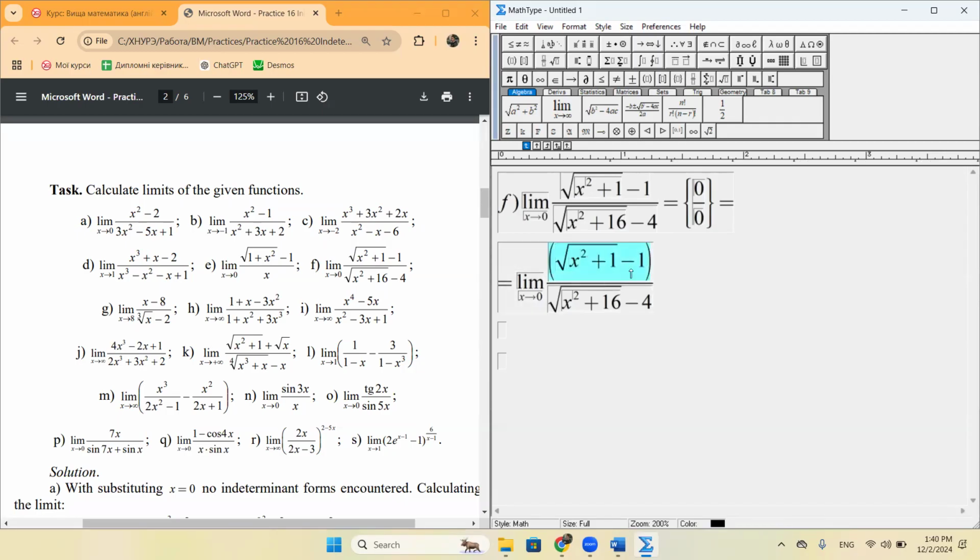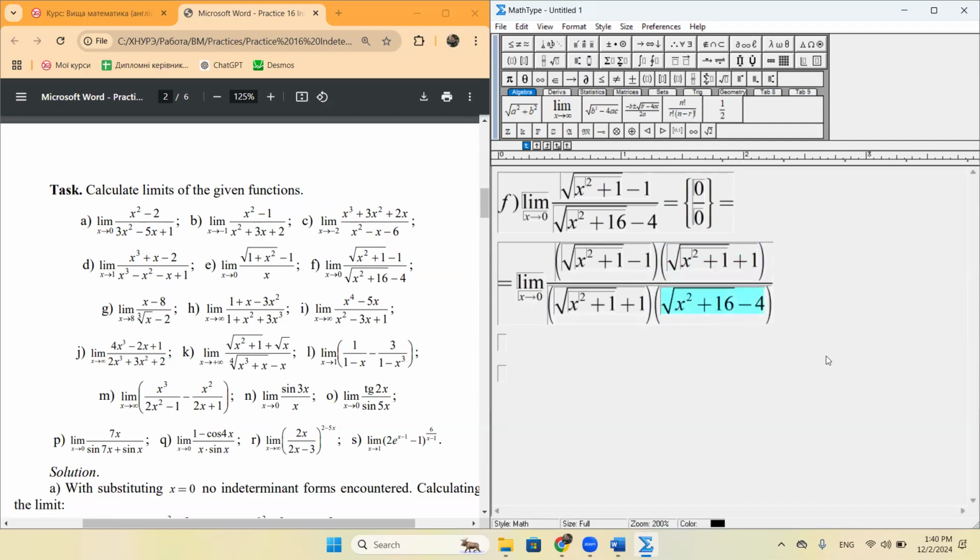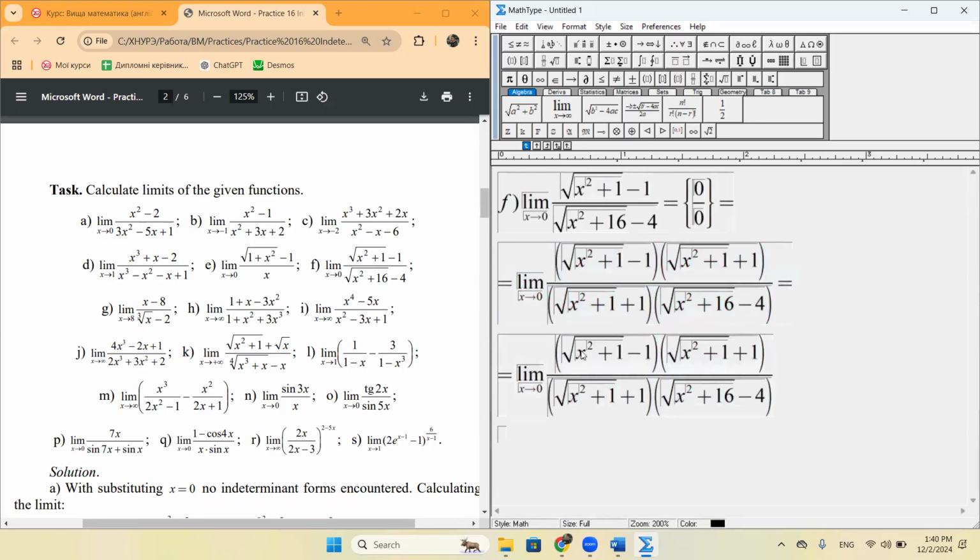So firstly, the numerator. Let's transform the numerator first, just not to confuse you. And what will we have here? x plus 1, x in power of 2 plus 1 minus 1.